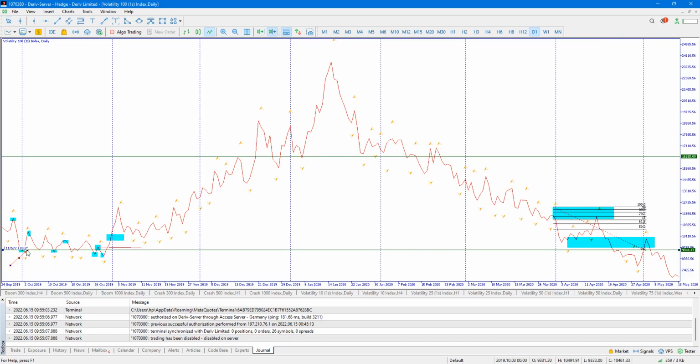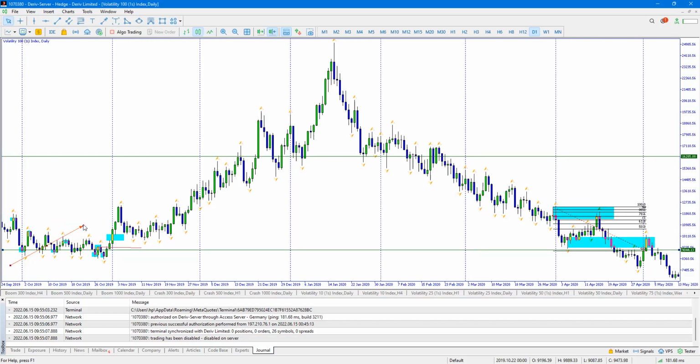This one wicked out this one. So this is the new low, the new high, the new low, the new high, the new low. There was a break of structure. Price broke structure here, and then price broke structure here, and then price came back to retest.